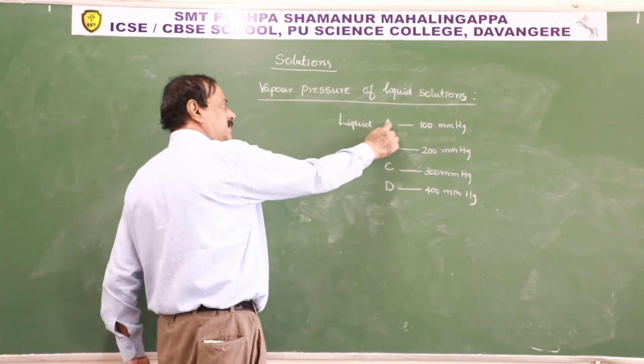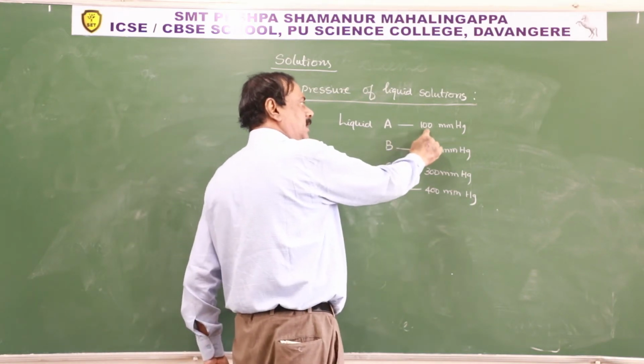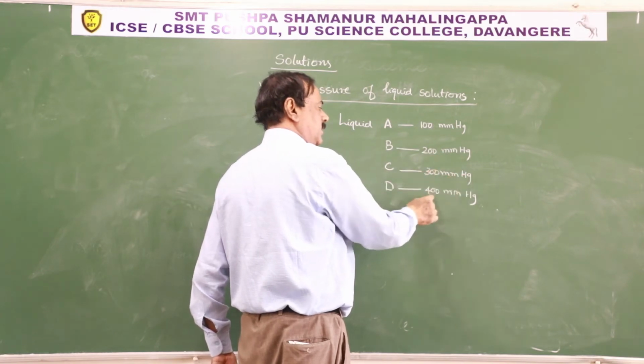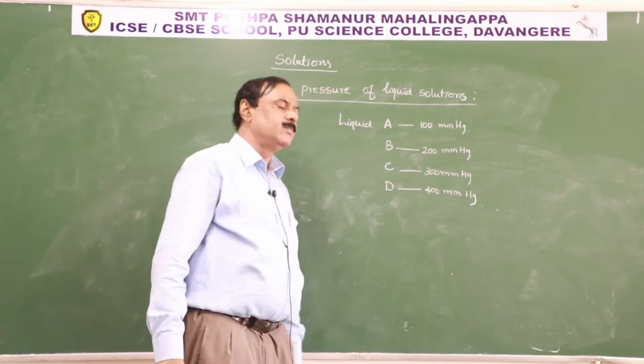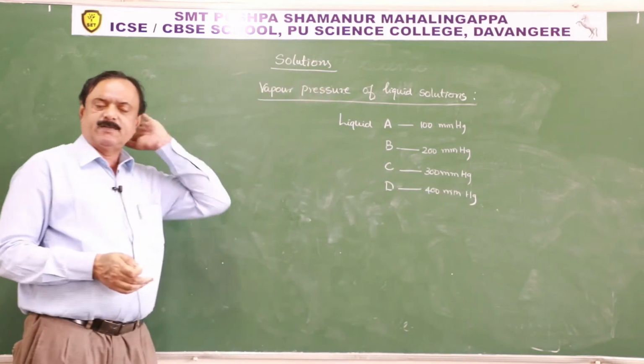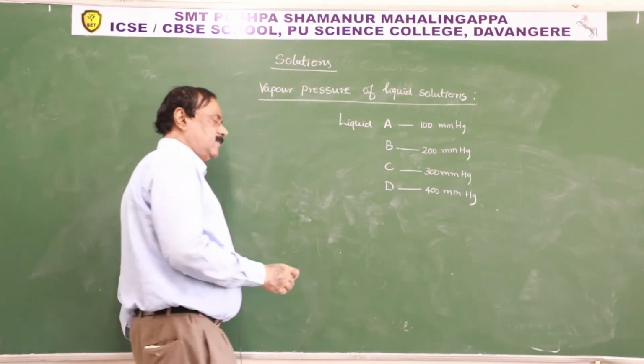Suppose the four liquids A, B, C, D have vapor pressures of 100, 200, 300 and 400 millimeter of mercury. Then we arrange them in increasing order of boiling point or volatile nature.